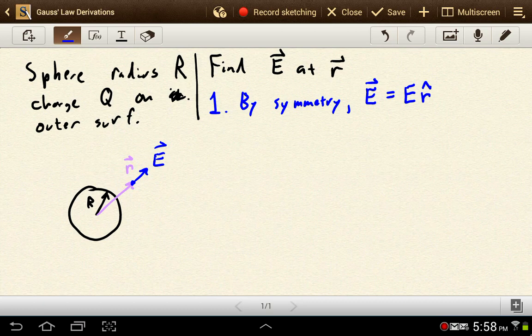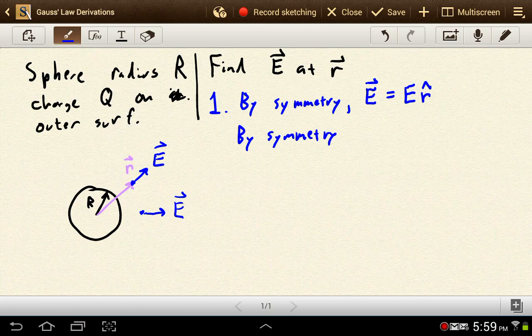The second thing is, also by symmetry, and I'm just going to put all my symmetry as one step. Also by symmetry, the electric field magnitude has to be the same as long as you're at the same distance from the center. So if you are right here, for example, your electric field will point this way, right? But the magnitude can't be different here than it is here, provided this is at the same distance from the center as this guy.